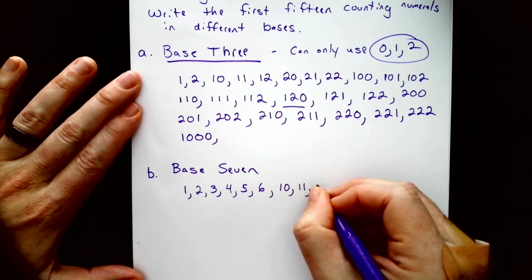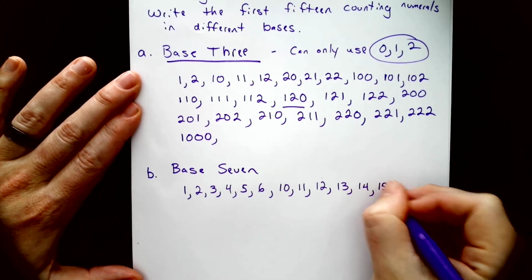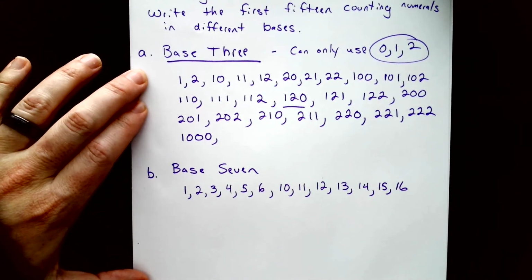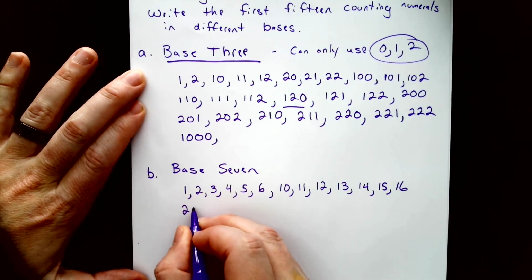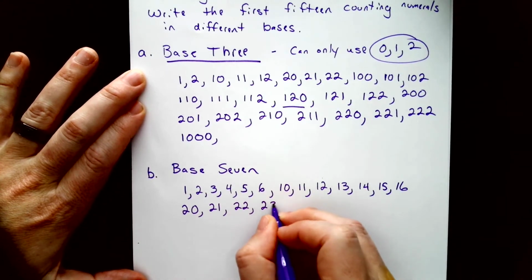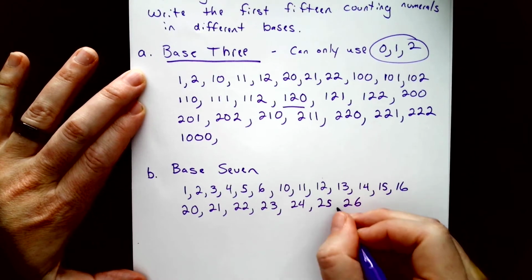1, 1, 1, 2, 1, 3, 1, 4, 1, 5, 1, 6. Again, that's as big as we can get, so the next one would have to raise this digit up to 2, 0, 2, 1, 2, 2, 2, 3, 2, 4, 2, 5, 2, 6.